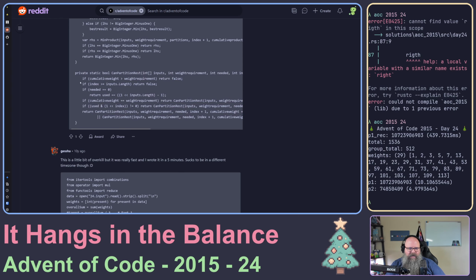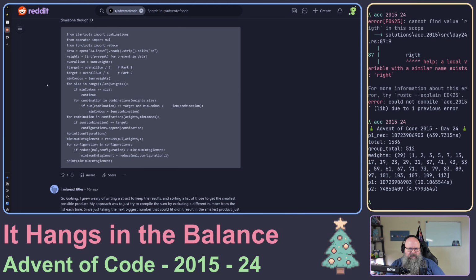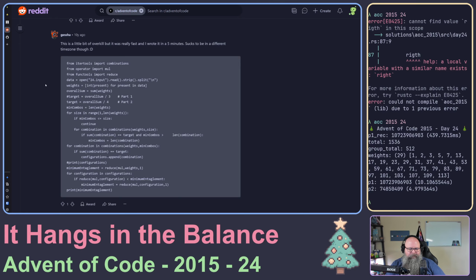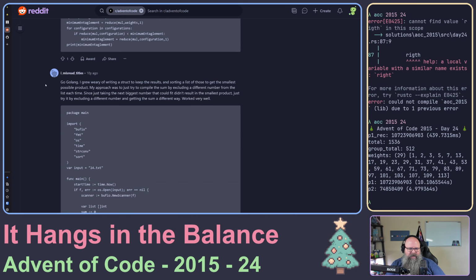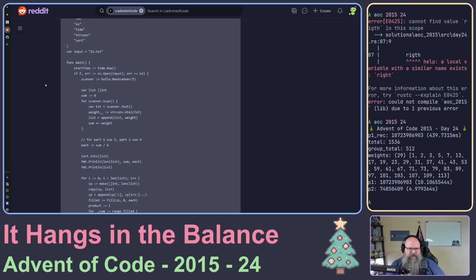I think we all lucked out on this can partition the rest one. So another combinatorics.